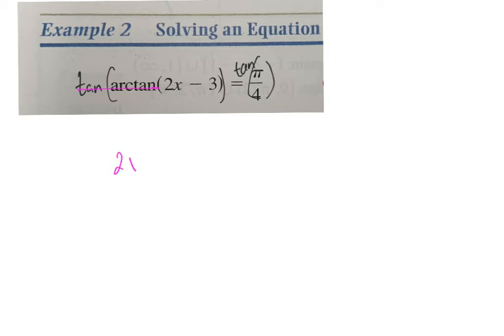So I have 2x minus 3 equals the tangent of pi/4, and the tangent of pi/4 is just 1. So I end up with something like this. Easy enough. It's just saying that functions and their inverses can cancel each other out, which is nothing new. We've done that before.